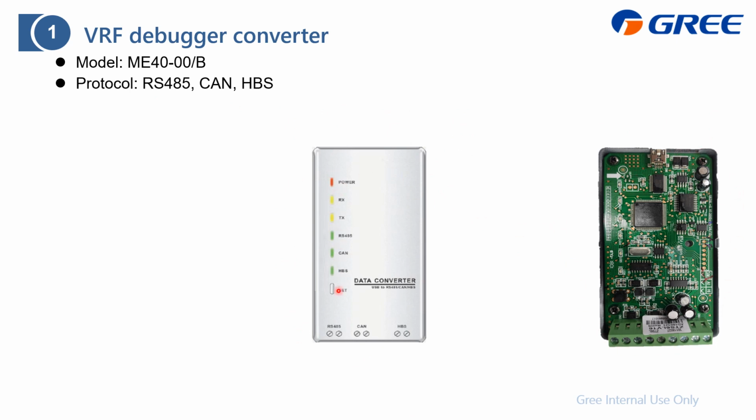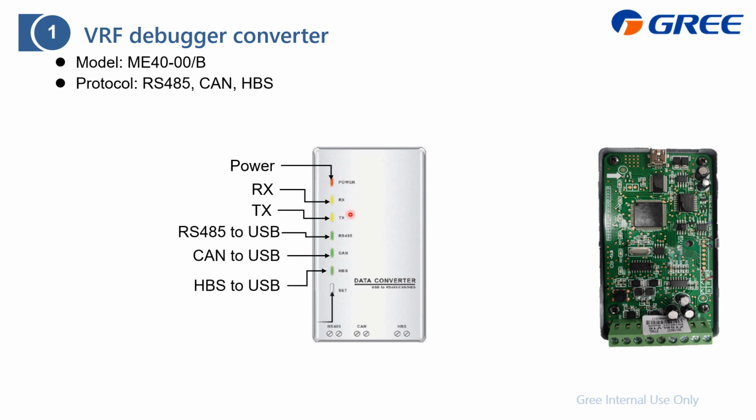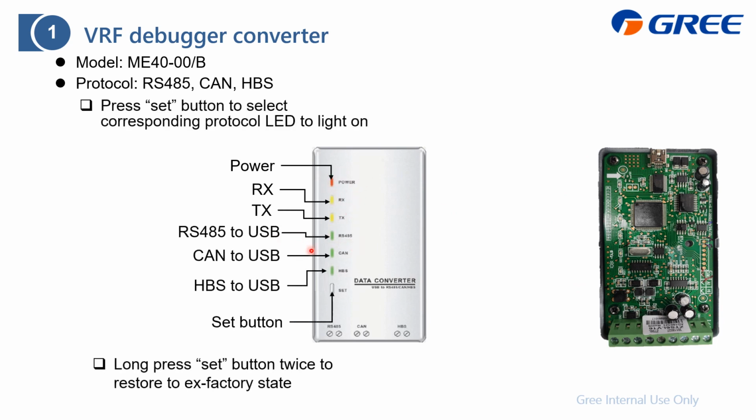On this appearance, you can find the power, RX, TX, and also the RS-485, CAN, and HBS LEDs, and there is a button here. You can press this button to change the protocol of these 3. And here, just long press this set button to reset to the factory setting.